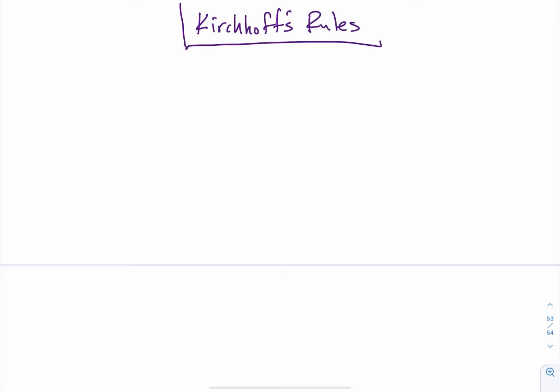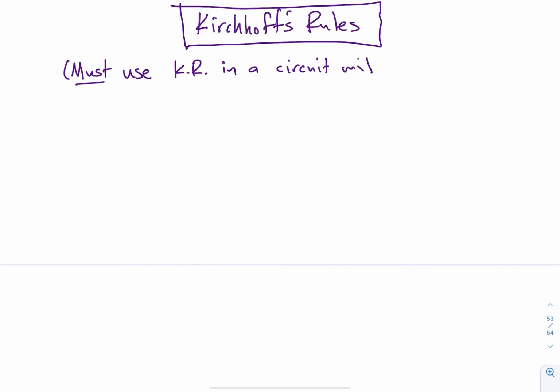Kirchhoff's rules is a completely independent way of analyzing circuits, and you might even note to yourself that usually we use Kirchhoff's rules if there are ever multiple power supplies in a circuit. So we must use Kirchhoff's rules in a circuit with multiple power supplies.